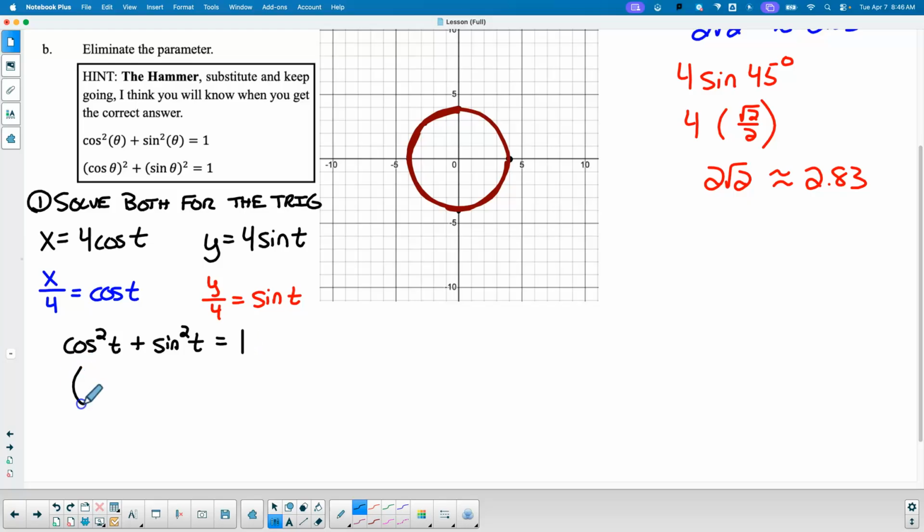So that would be x over 4 quantity squared plus y over 4 quantity squared is equal to 1.